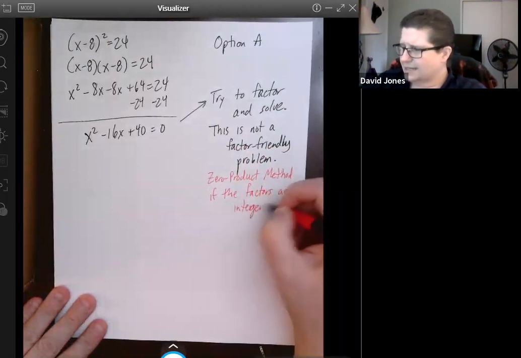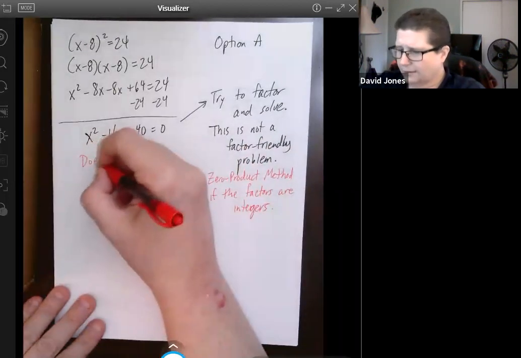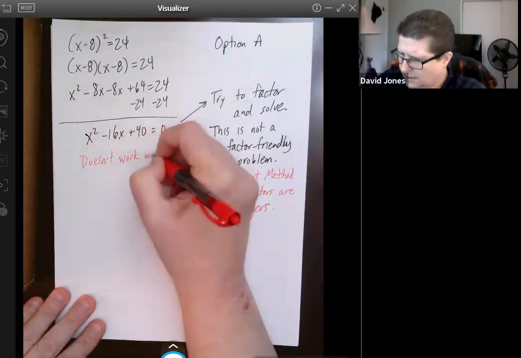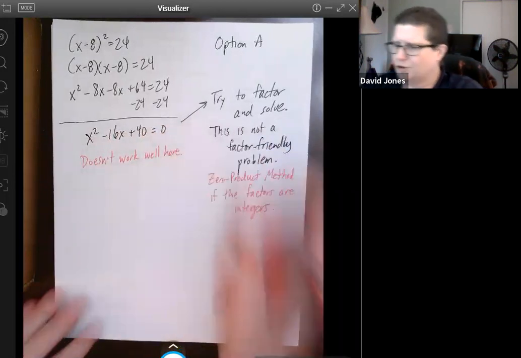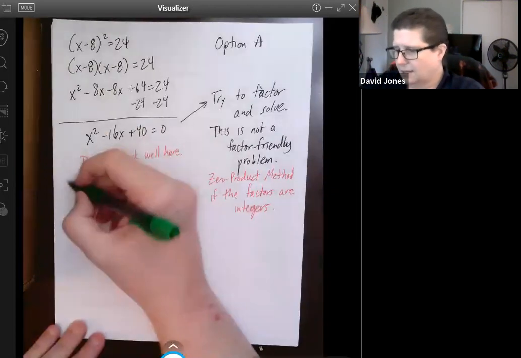And in this case, it's not. Doesn't work well here. Finding two numbers that multiply to 40 but add to negative 16. Good luck with that. So, option B.